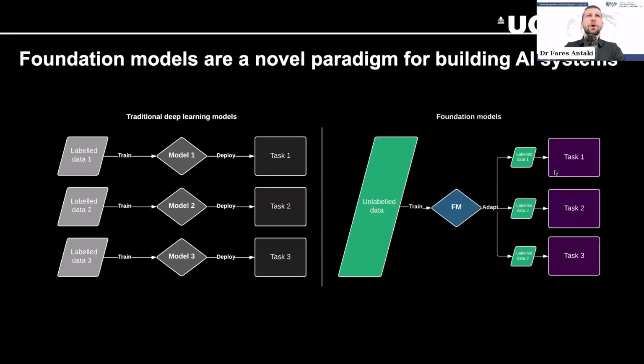Now, foundation models are a novel paradigm for building AI systems. Instead of building those different models, we build a foundation model that is trained on large amounts of unlabeled data, and with small amounts of labeled data, we can then fine-tune or adapt the model to do a variety of downstream tasks.